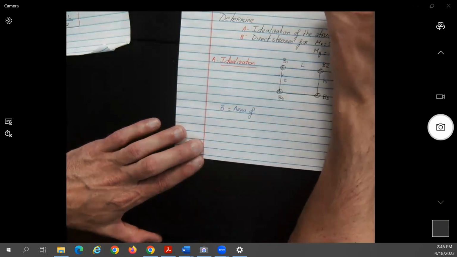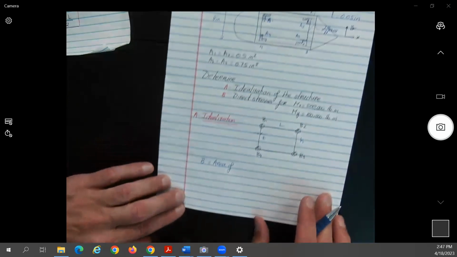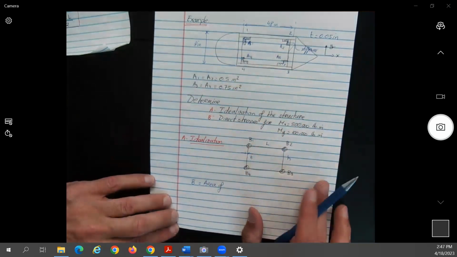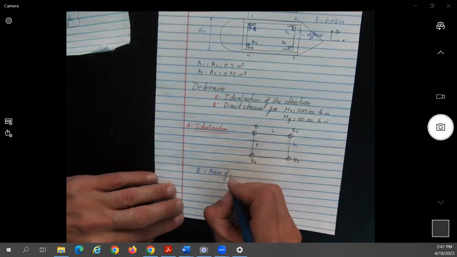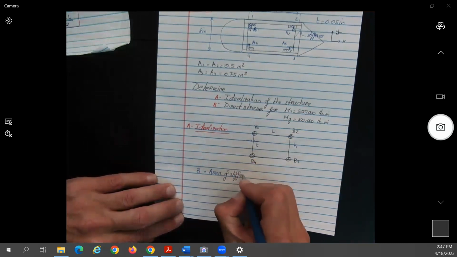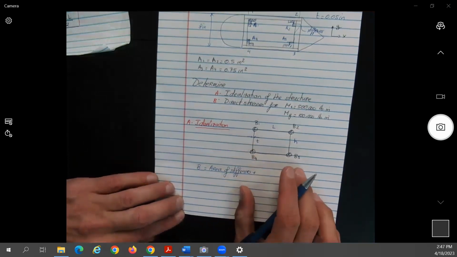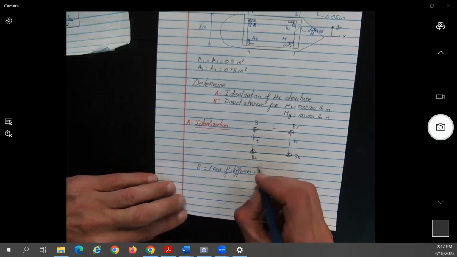Let's call them stiffeners. These areas over here, let's say these are the stiffeners, not on the corners, correct? So let's say the B's should take into consideration the area of the stiffeners. Plus what?